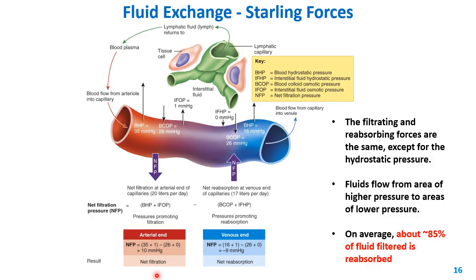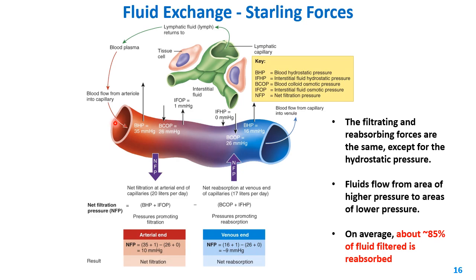In order to figure that out, you plug numbers in, and if you have a positive value come out, then filtration is happening. If you have a negative value, then reabsorption is happening. So that's easy, right? Now the question is, what are those values?